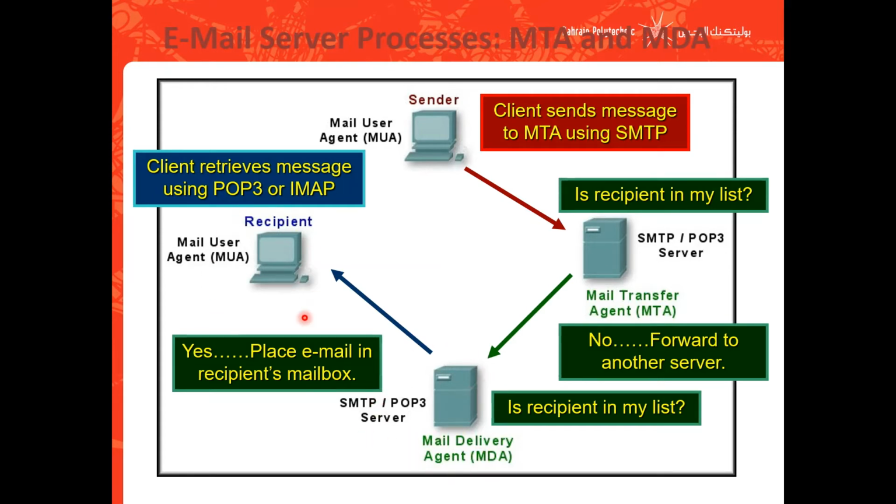The recipient is just downloading or caching a copy of the email. The email is never removed from the server. That's the difference. That's why it's called internet message access, because you're just accessing the message, not downloading it fully. But in post office protocol, once you access the message, the email will be removed from the server.